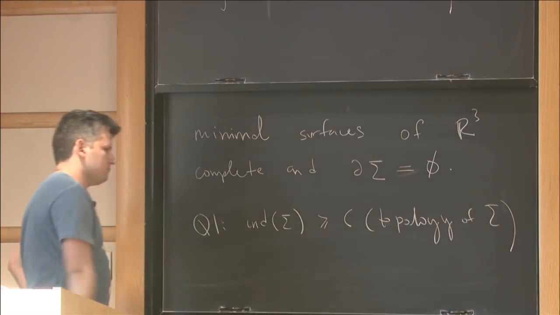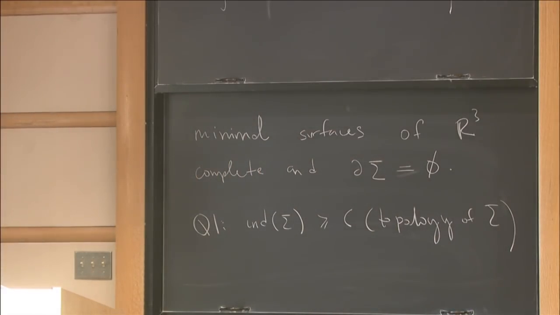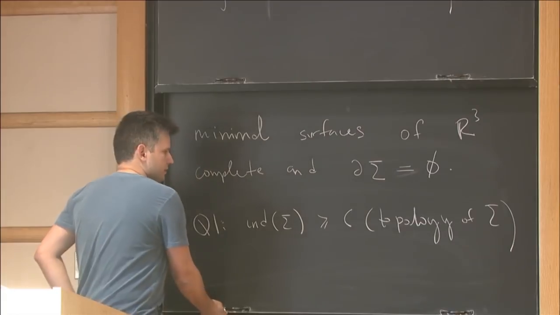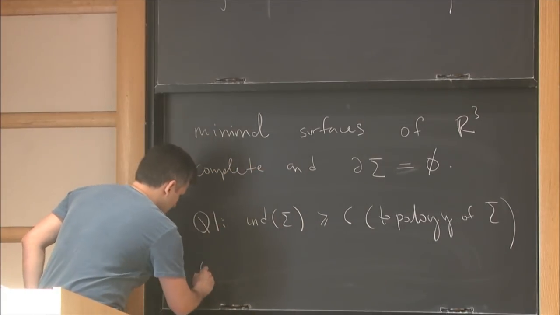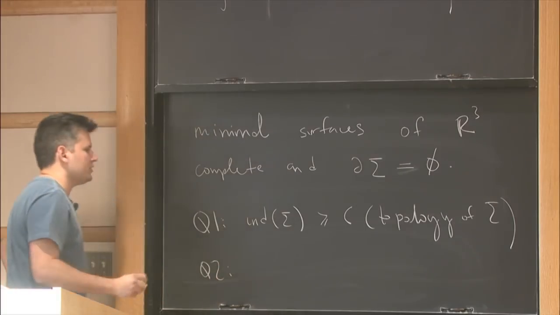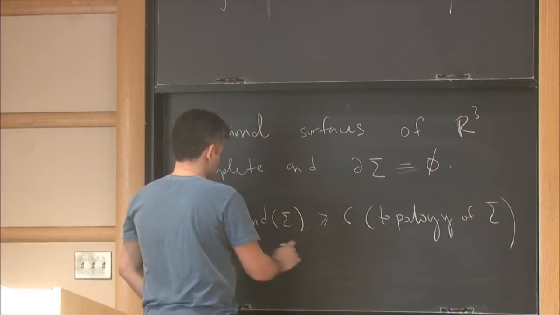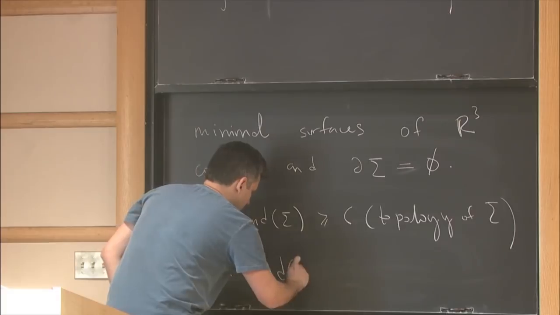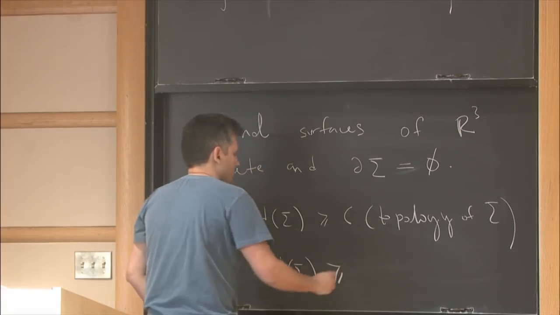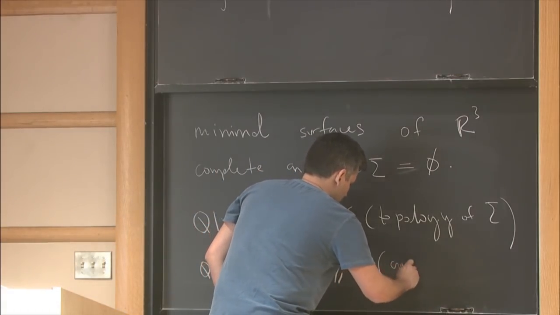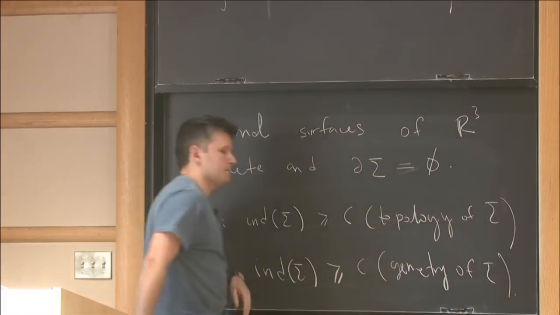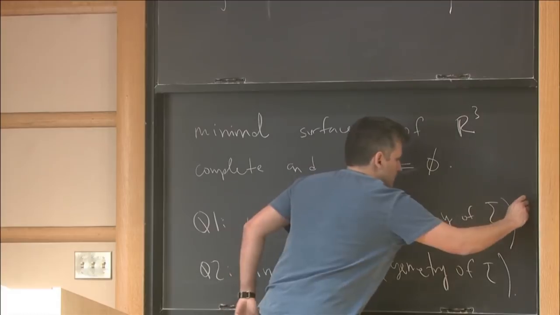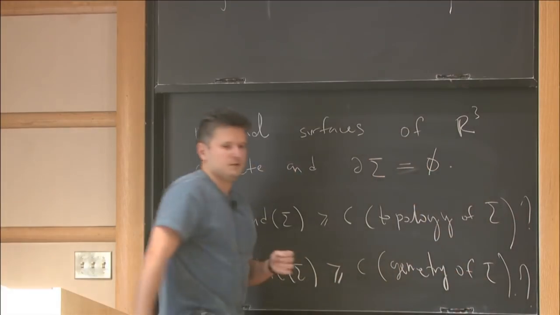I'll state this in more detail soon and also motivate it. But there is also, in particular in the case of R3, a related question, which is asking how much the index of sigma actually controls the geometry of sigma. So let me put that as the motivating questions.